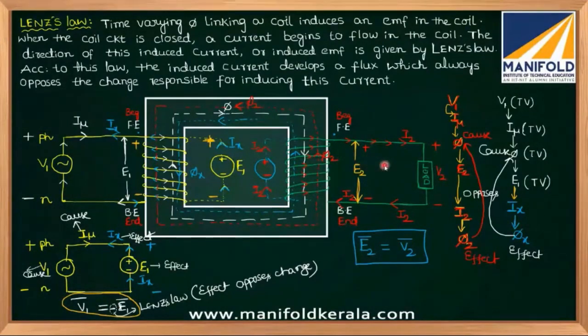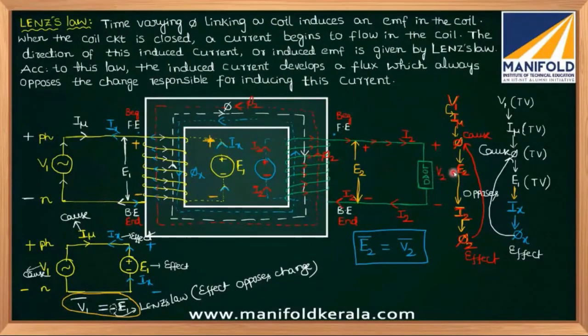Yes, like that. In the secondary side, the entire winding can be taken as a source. So the source voltage is E2, and because of this E2, you are getting the I2 current. Very good. Do you get any current because of this V2? Respond, please. No. Why?